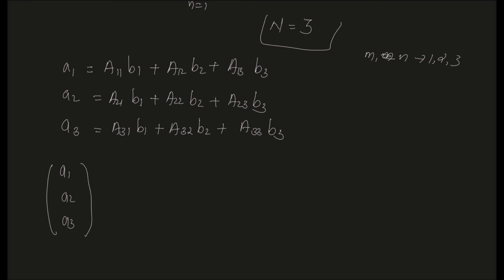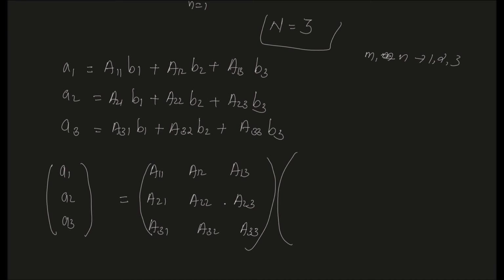So this is a column matrix or column vector, and then you can write it as product of two quantities: a11 a12 a13, a21 a22 a23, a31 a32 a33, multiplied by another column vector b1 b2 b3.